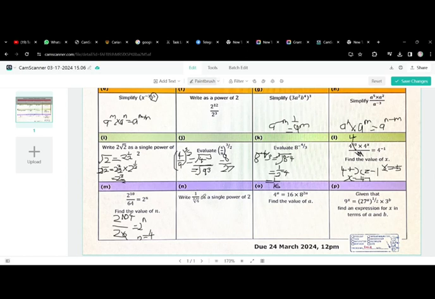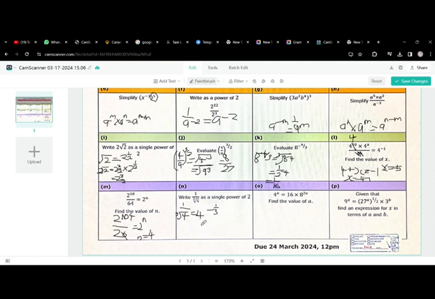Now question N: write 1 over the square root of the cube of 4 as a single power of 2. As said before, a power is something like this, and we have to write it as a power of 2. So 1 over the cube root of 4 equals 4 to the power of negative 1 third.